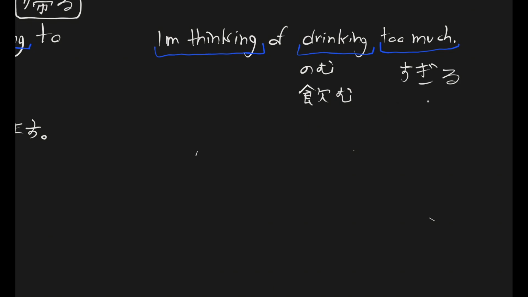So how would we do this? Now first I'm going to attach nomu to sugiru to make it easier, since this isn't a video on sugiru and how to connect it. So drinking too much, how you would write that would be nomi sugiru.